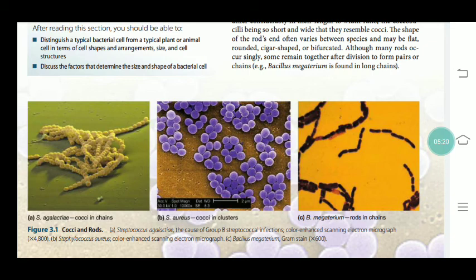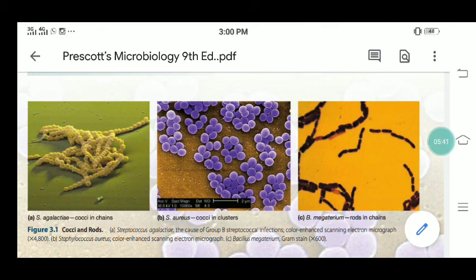Here we can see in the first figure cocci in chain, of the family Streptococcus. Another figure is Staphylococcus aureus, a cocci shaped organism present in a cluster, meaning they make a bunch-like arrangement of cells.